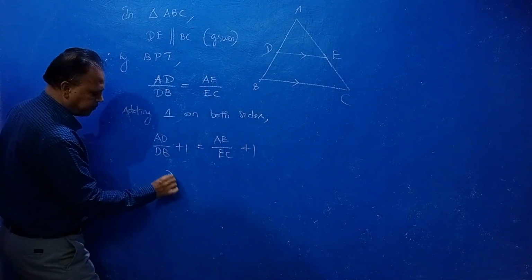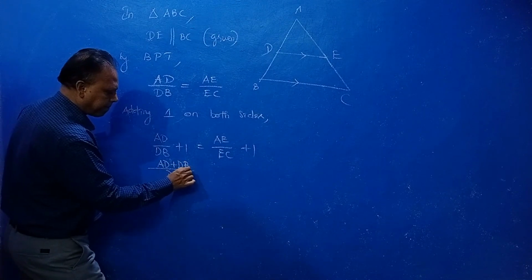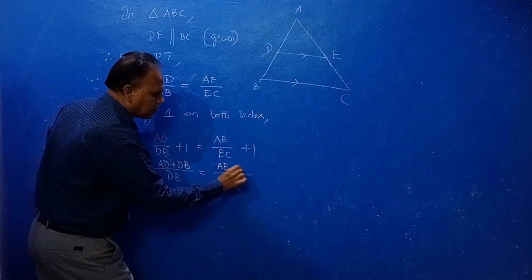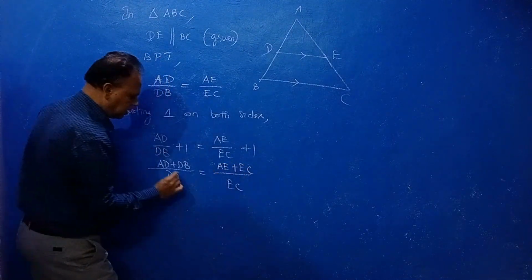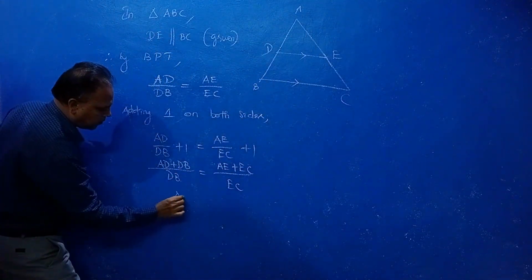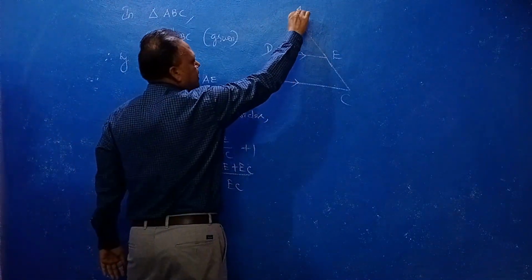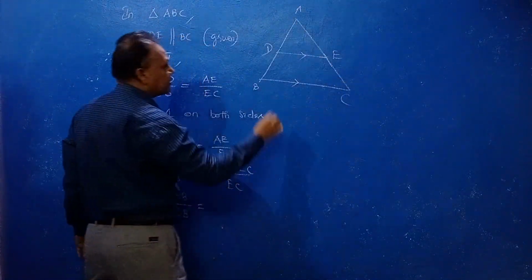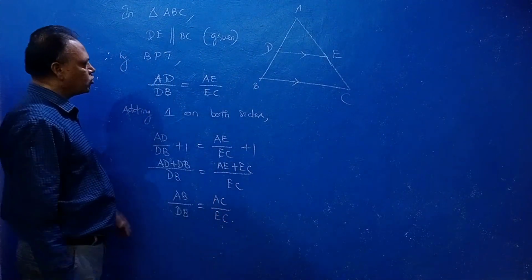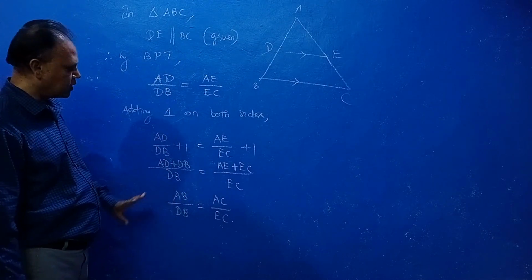So take LCM on both sides. Here what you will get? AD by DB plus 1 is nothing but AB by DB, and AE by EC plus 1 is nothing but AC by EC. So the same thing you can write like this also. Clear?